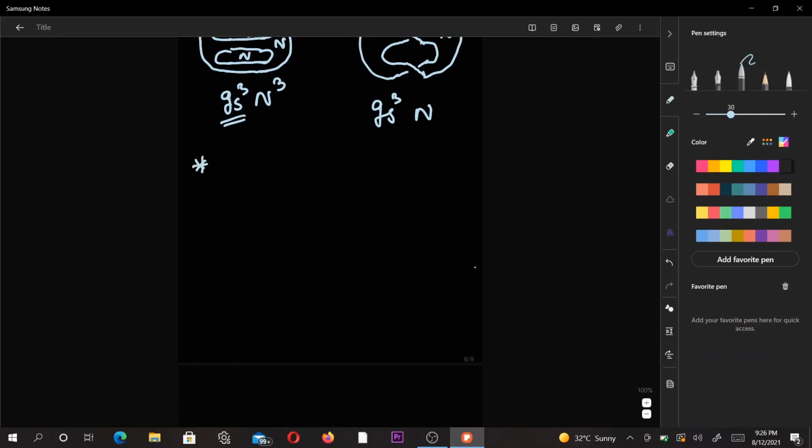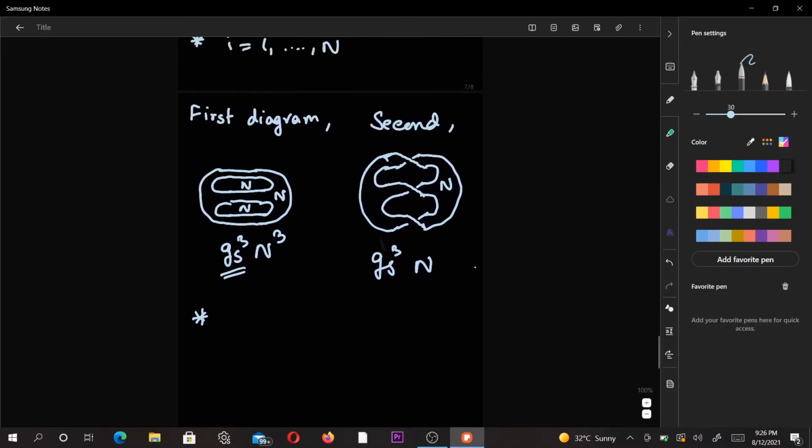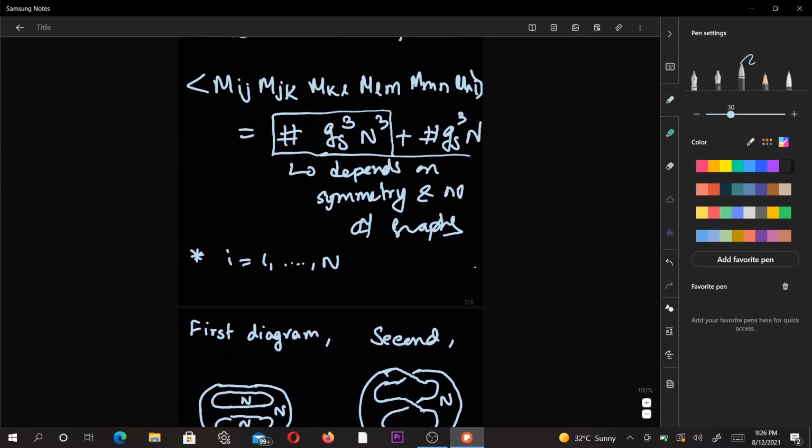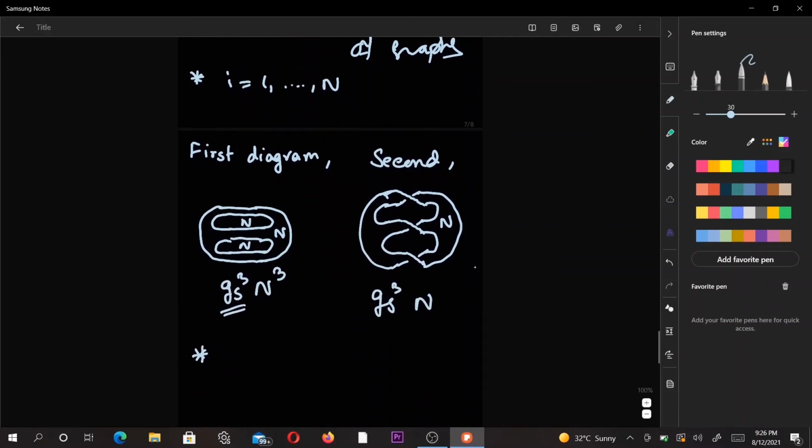When you're giving this a topological analysis, it tells you the number of holes. But in general, from Wick's theorem, you will get these, and these two correspond to these two diagrams.